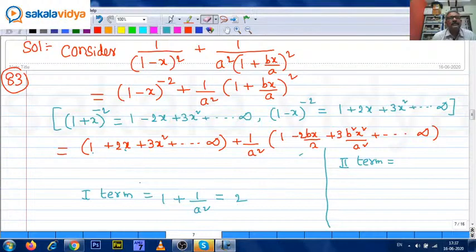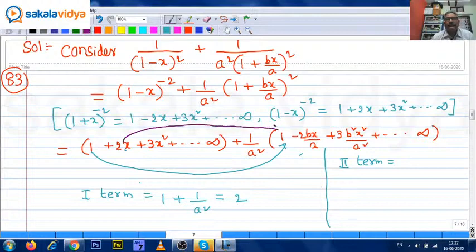So that means 1 multiplied by 1 and next 1 multiplied by this constant term. That's okay. Now we need x. 2x into 1 and next minus 2bx by a into 1.